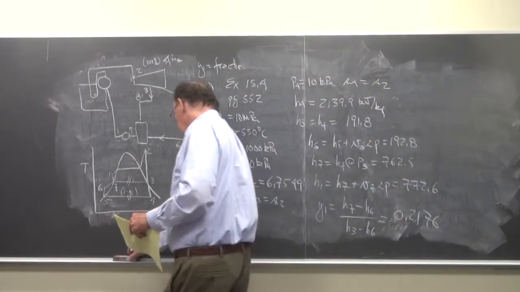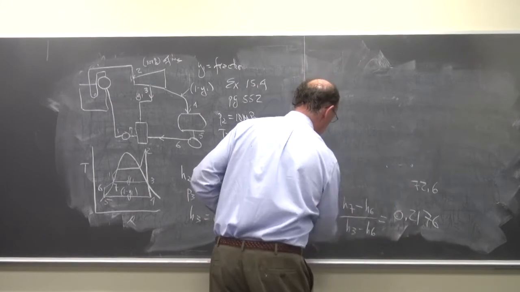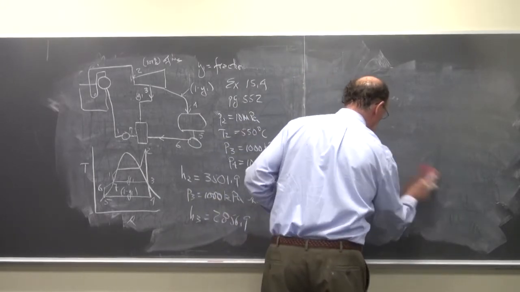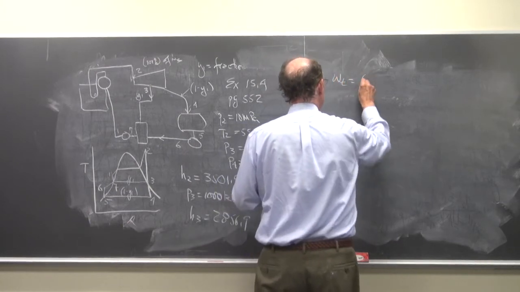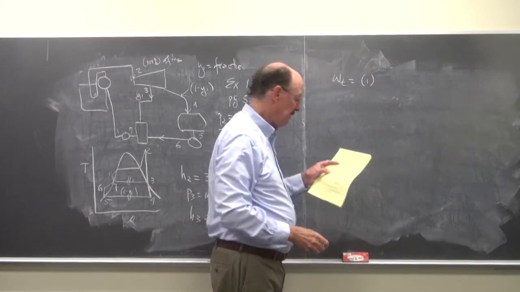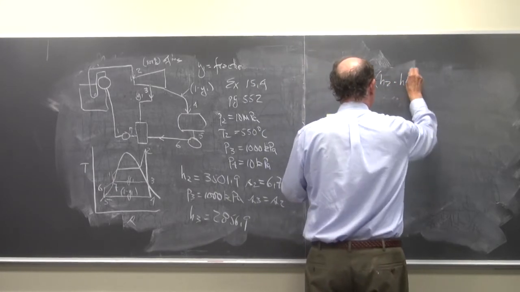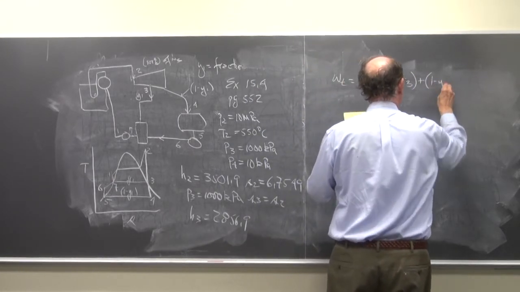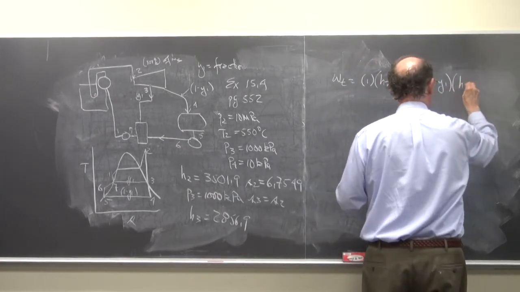So WT is equal to 100%, 1, expanding between H2 minus H3 plus 1 minus Y1, expanding between H3 and H4.